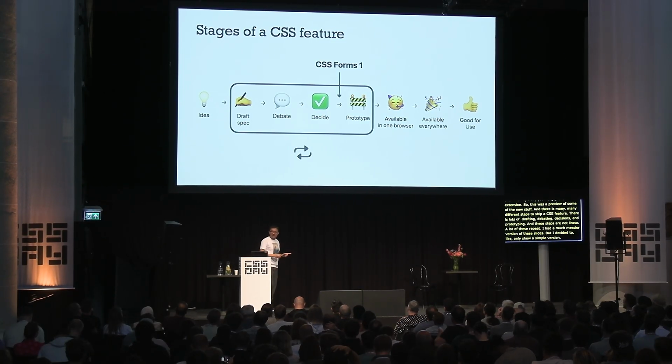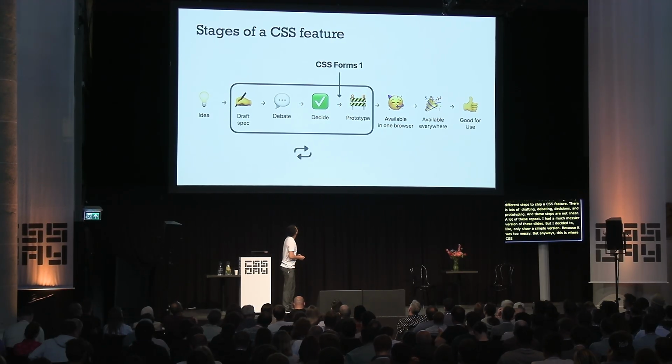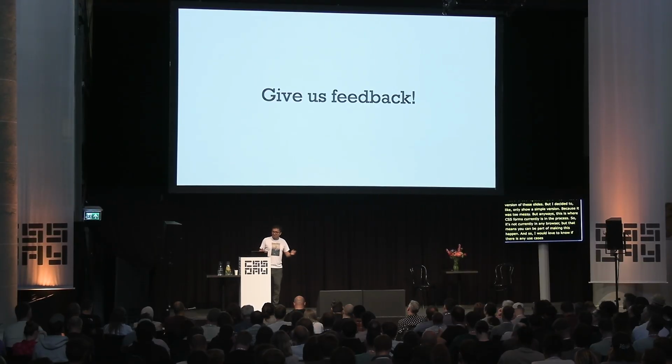But anyway, this is where CSS Forms currently is in the process. So it's not currently in any browser, but that means you can be part of making this happen. And so I'd love to know if there's any use cases or pain points that we haven't thought about.